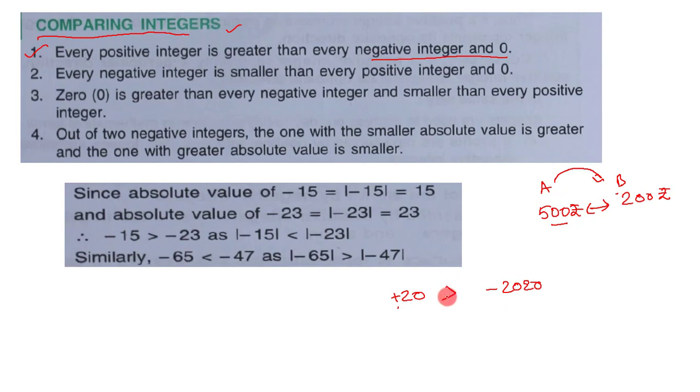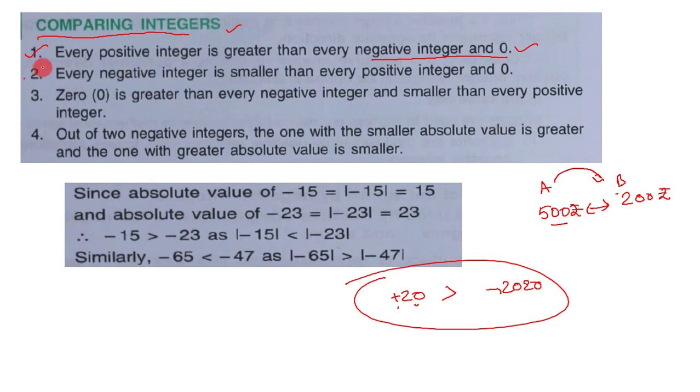This is our first point: every positive integer is greater than every negative integer and 0.